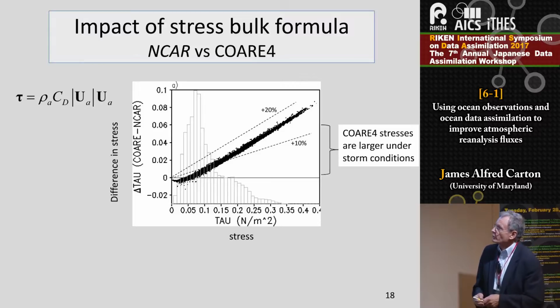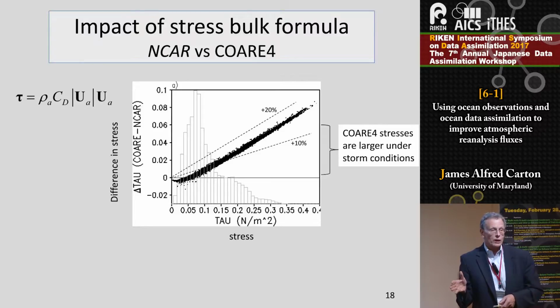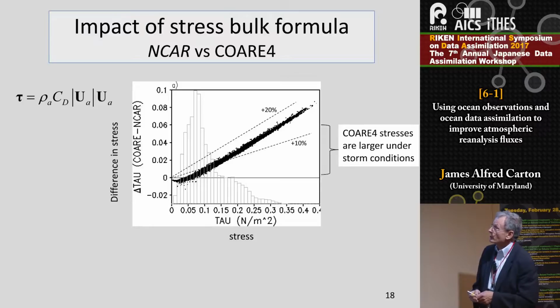And the bulk formulas in everything I've shown you so far are the ones that were provided to us by GFDL, and they're actually in the GFDL coupled models. But there are alternative bulk formulas.